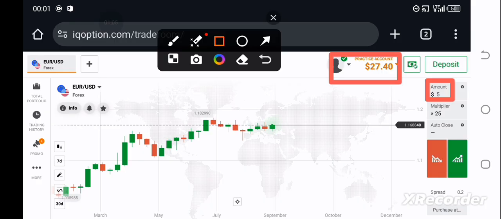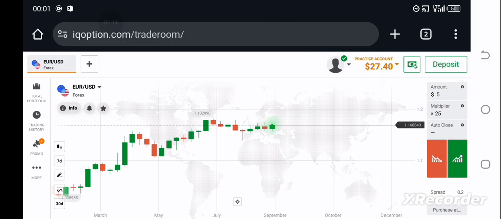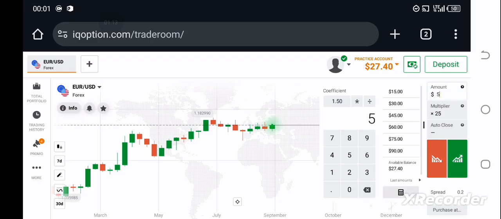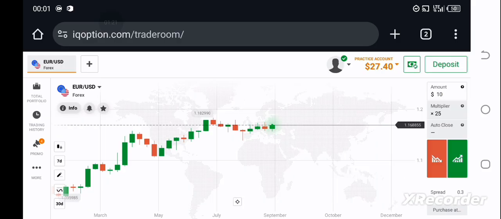And this is your leverage, also known as the multiplier. Where it is written multiplier is your leverage. So you can select the amount like that. If you click the amount button, you can change it to any amount of your choice. So I've changed it from $5 to $10. Then the multiplier, which is your leverage, times 25.